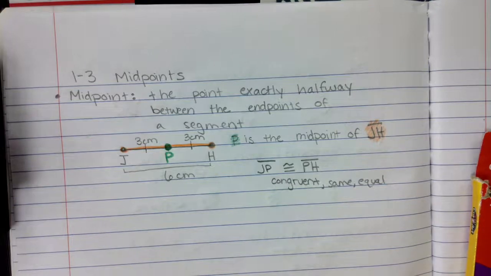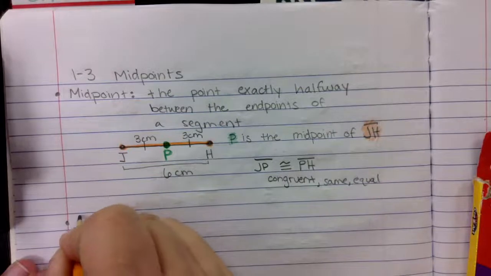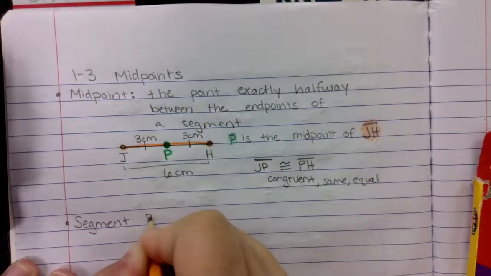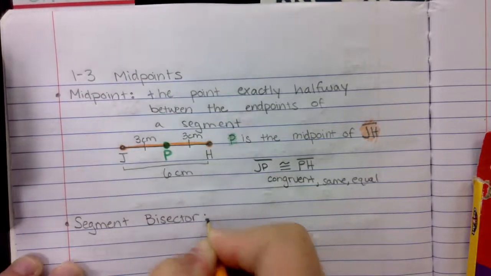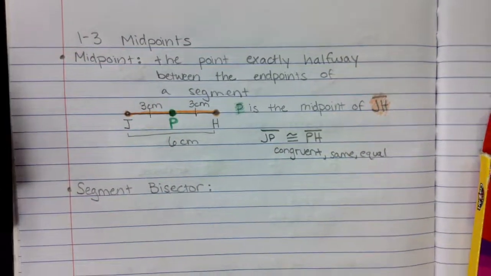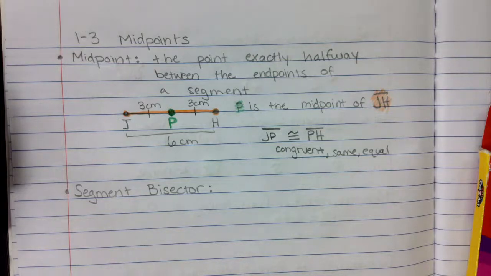Bi means 2. Biannual means you get paid twice a year. So bi means to cut into 2. That cuts a segment into 2 equal parts. So that's where that bisector comes from, into 2 equal parts.